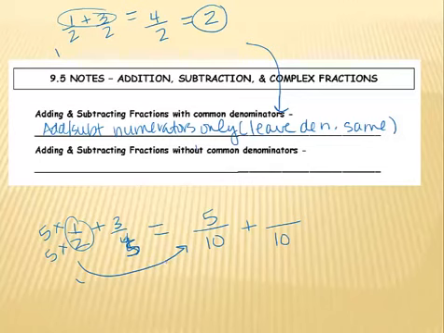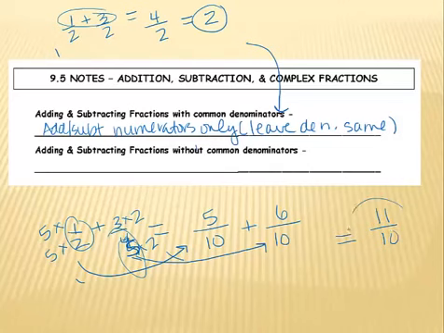All right, let's look at the second fraction. How do I go from a denominator of 5 to a denominator of 10? Well, I would multiply by 2. So I need to multiply the top by 2, and I get 6. 6/10 is the same as 3/5. But now that my denominators are the same, I can add these up, and 5 plus 6 is 11 over 10.